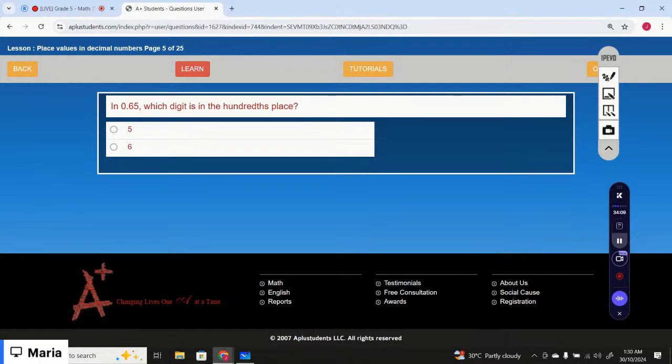In 0.65, which digit is at the hundredth place, which is the correct option?